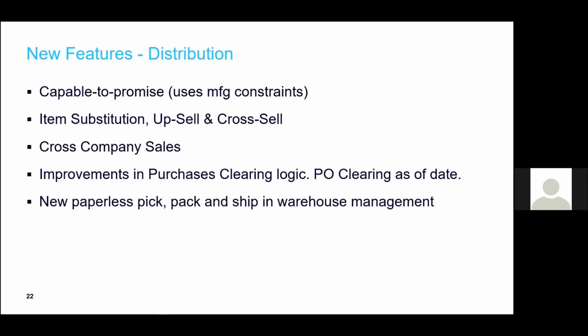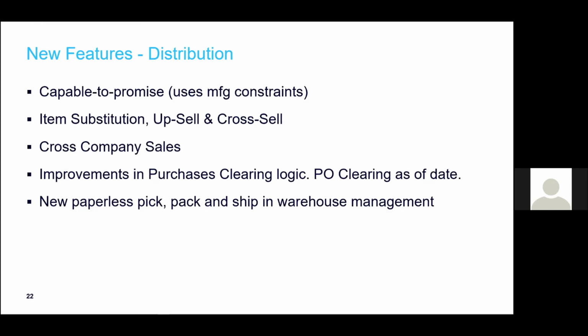Item substitution and upsell, the new feature, pretty good. So in the inventory items, you can now tell it that when a customer is going to buy this item, in addition to that, this customer may want to consider this product, they may want to consider that product, or you may want to cross-sell them between products.